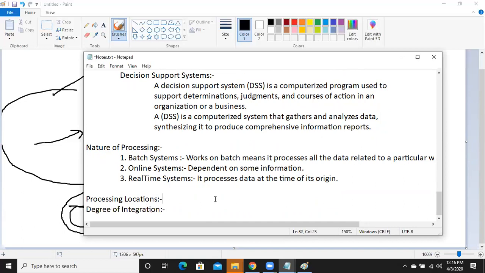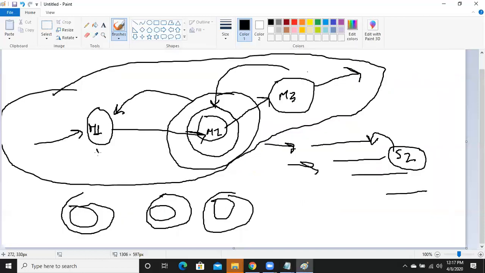Processing location is basically the place where our data is processed. There can be multiple places. If I talk about a distributed environment, you can process your data here also, and here also.